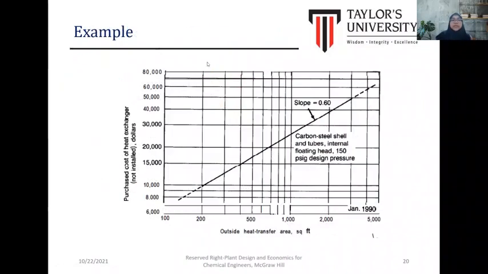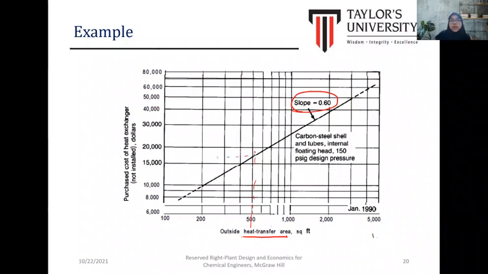For example, we need to determine the heat transfer area for the heat exchanger, and from the current project the area is 500. So we can use this scaling factor based on the slope of 0.6.